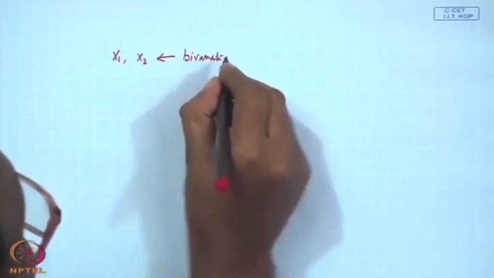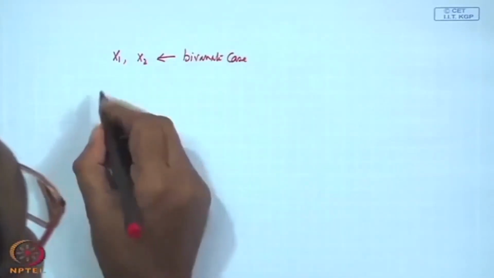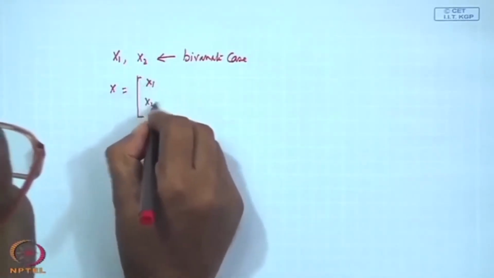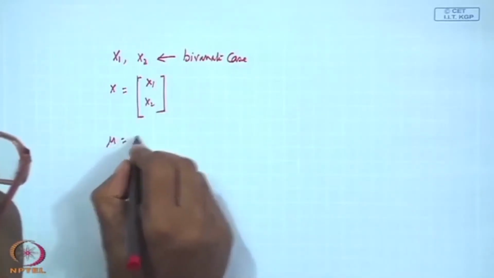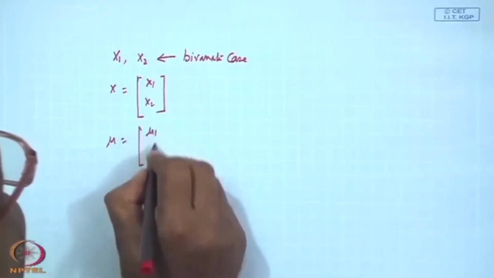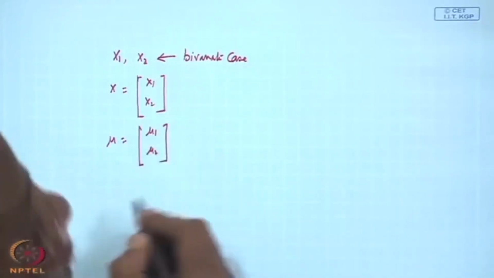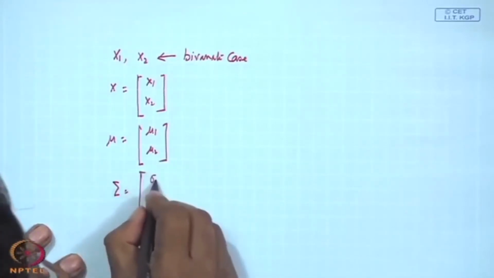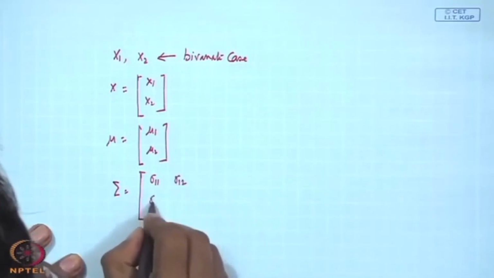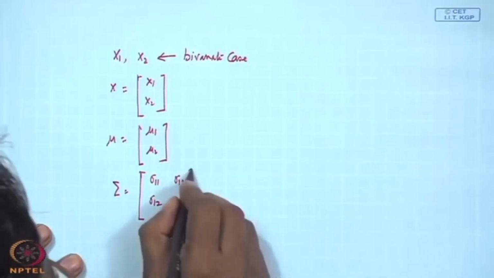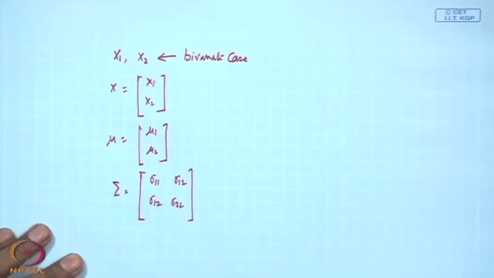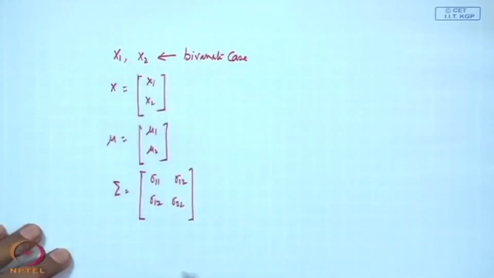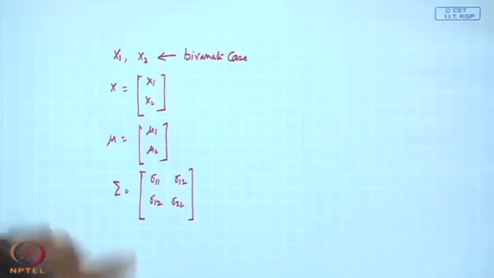So, our X is x1 and x2, and my mu is the mean vector mu1 and mu2, and your covariance matrix will be 2 by 2: sigma 1 1, sigma 1 2, sigma 1 2, sigma 2 2. I hope that there is no problem with you in this nomenclature.